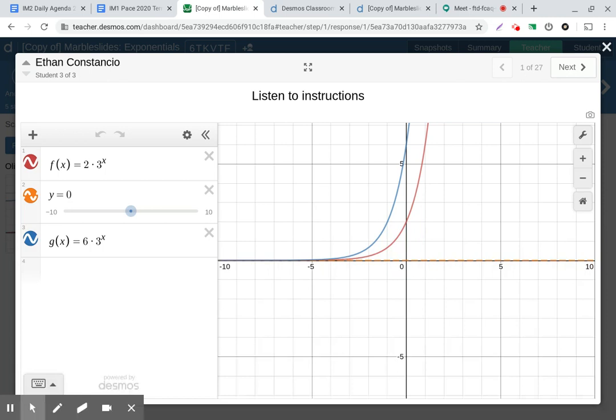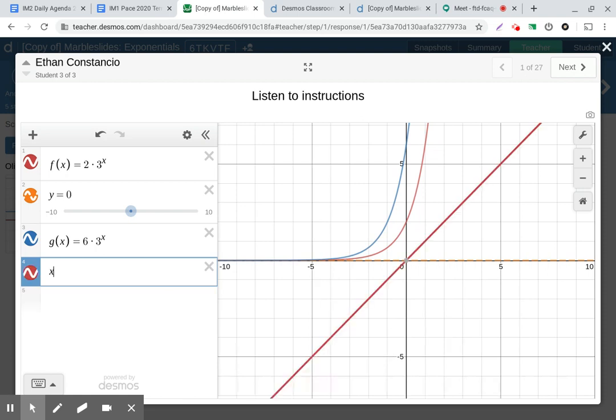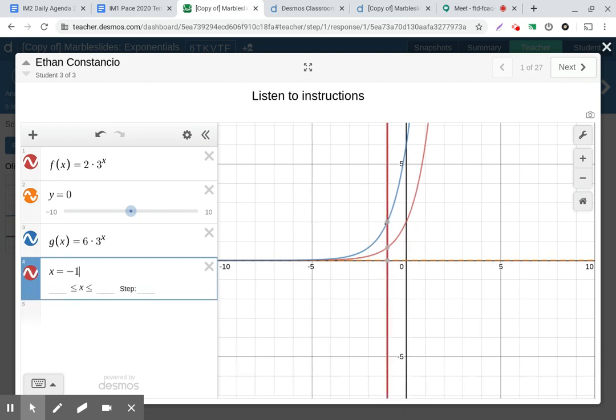Let's see. Ethan, I'm looking at yours, and it looks like the y-intercept did go up 4 units, right? Mm-hmm. Underneath, can you type x equals -1? And are these 4 units different?